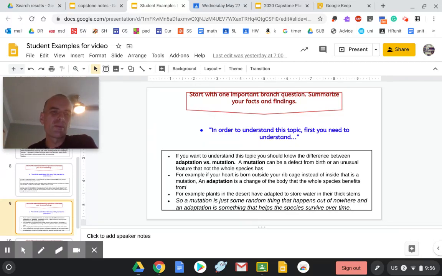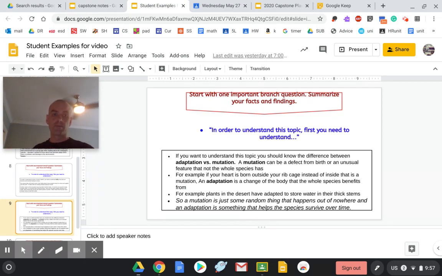So it's like a random thing that happens to one member, right? An adaptation is a change of the body that the whole species benefits from. So for example, plants in the desert have adapted to store water in their thick stems. So a mutation is just some random thing that happens out of nowhere, and an adaptation is something that helps the species survive over time.